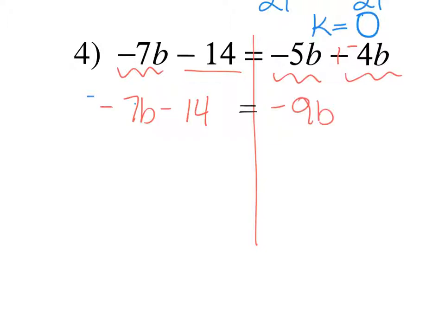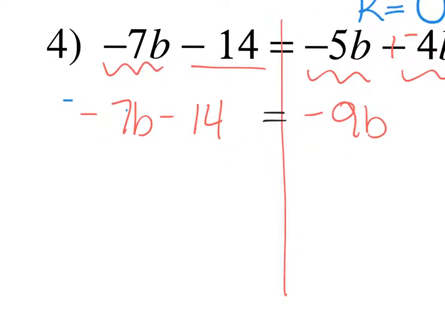Now I ask myself about moving my variable. On this problem, this is a special case where I'm not going to look at which variable's bigger. Do you see the right-hand side over here already has b's on it? I don't want to move these b's over here and then have to move these numbers over here. That's too many steps. I'm just going to keep this my b side, okay?